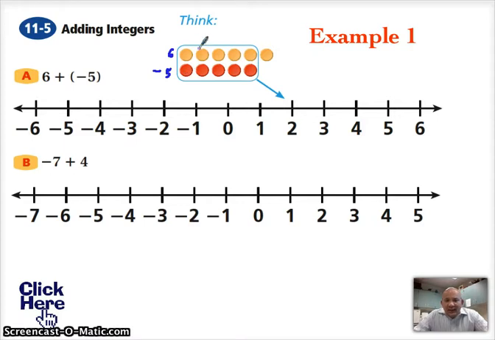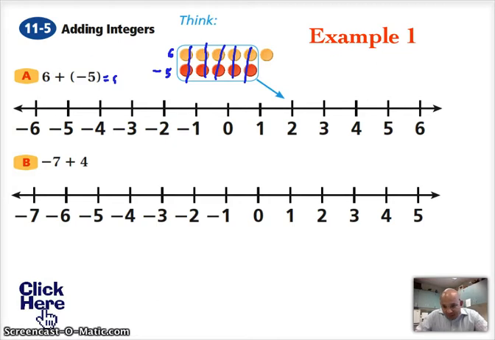We look at the zero pairs and remove them. We match these, and these. That leaves us with one chip. What kind of chip is it? It's a positive. In other words, it's a 1 that ends up being the sum of 6 plus negative 5.